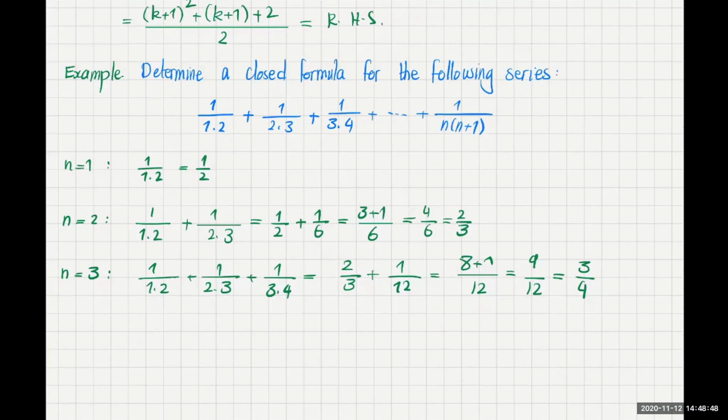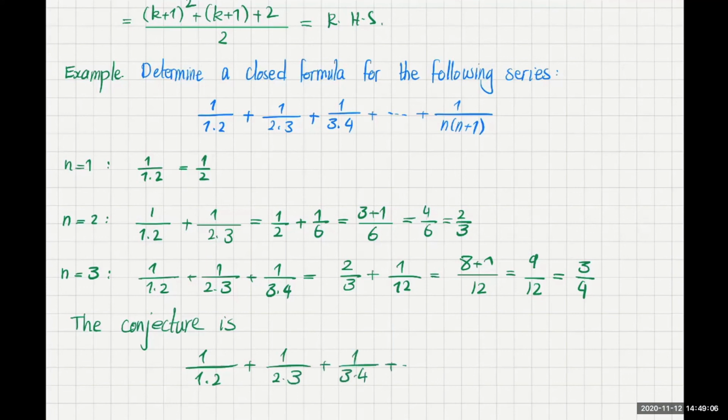The guess, the conjecture, is the mathematical term. So the conjecture is 1 over 1 times 2 plus 1 over 2 times 3 plus 1 over 3 times 4 up to 1 over n times n plus 1 is equal to n over n plus 1.